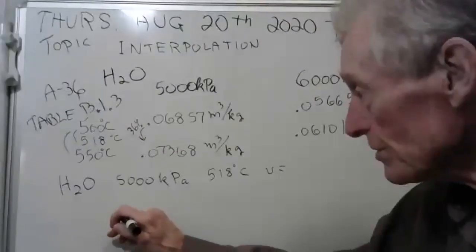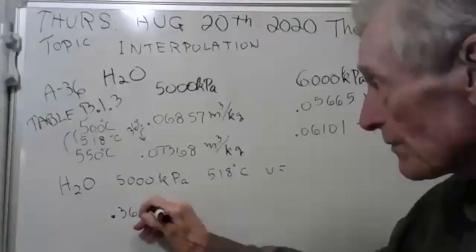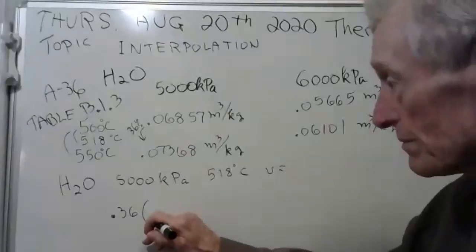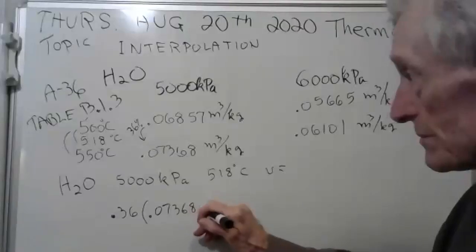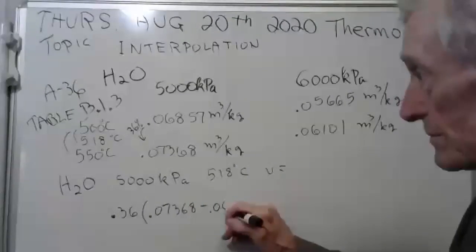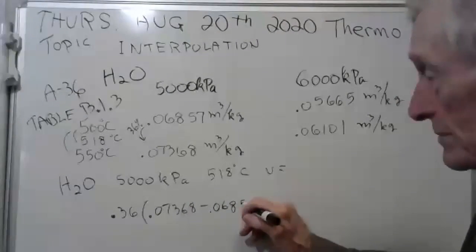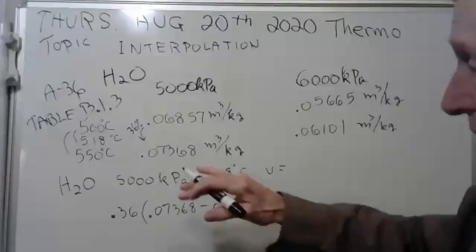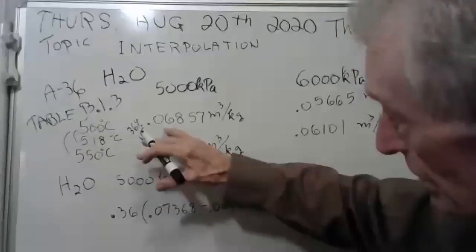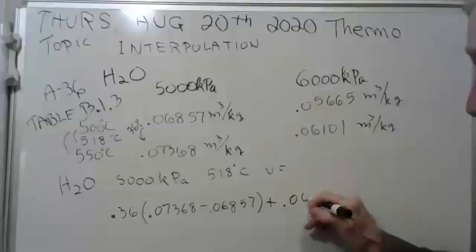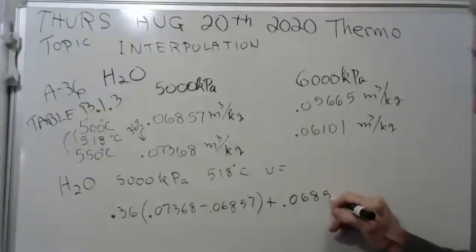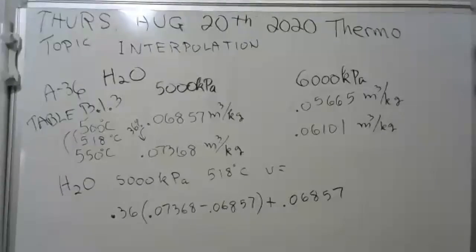I'm going to take 36% of this difference and then add it on to that first number. You still have to add it on to that first number. Okay, let me do that. Let's see what I get.